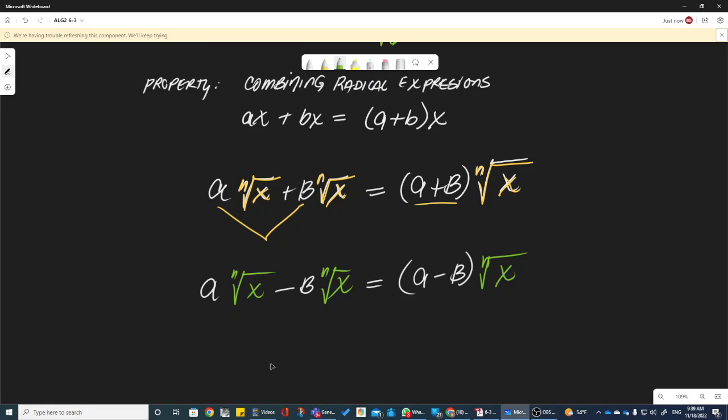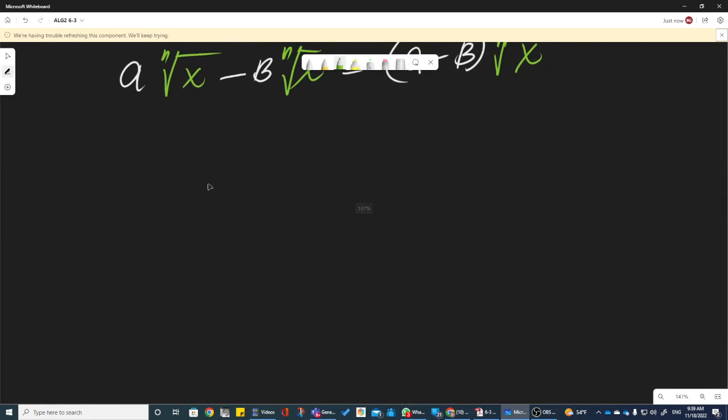Alright, so let's do a couple of exercises just to get our feet wet. So this is problem number 1. Okay, so this is adding and subtracting radical expressions.